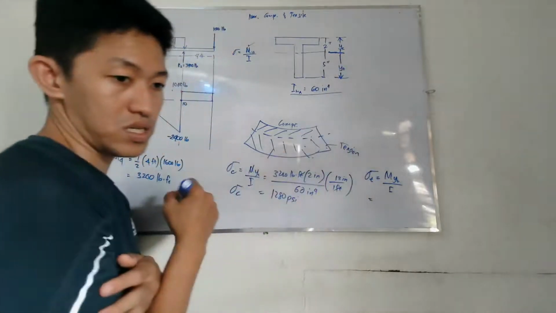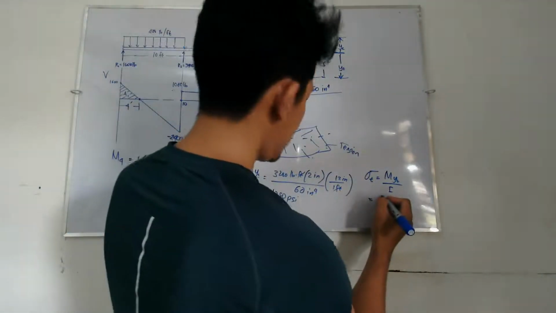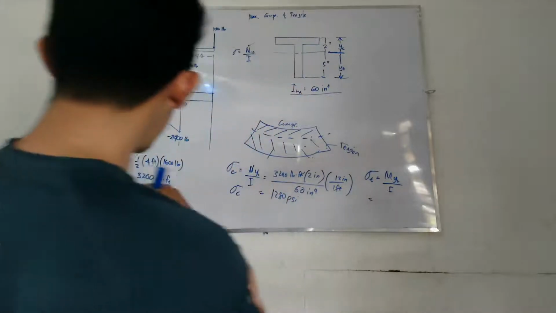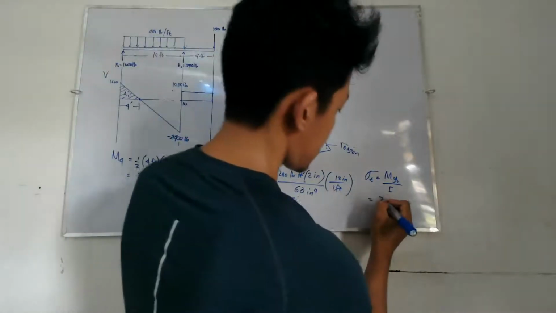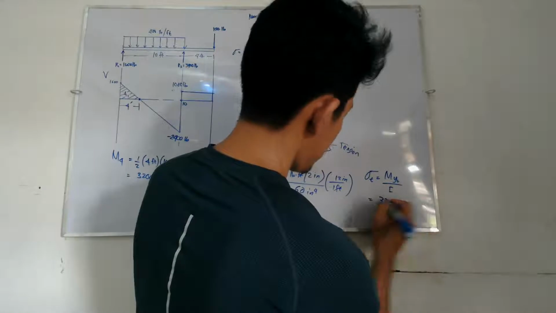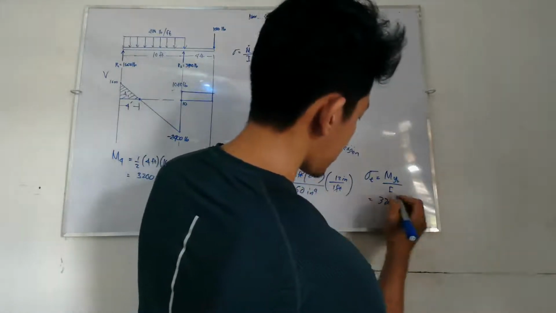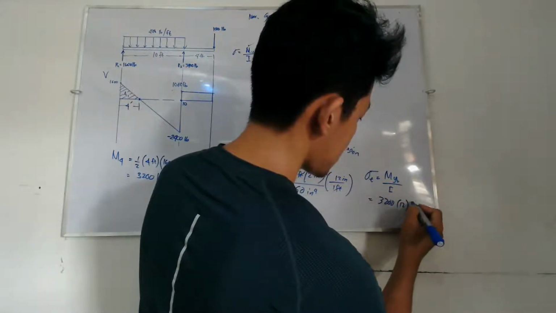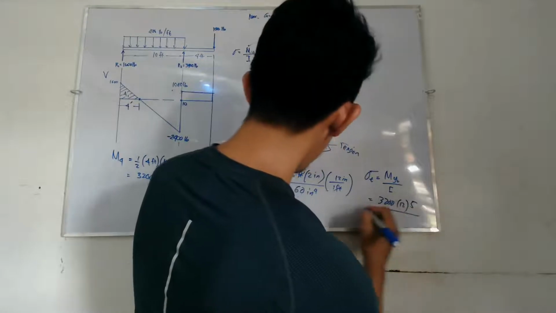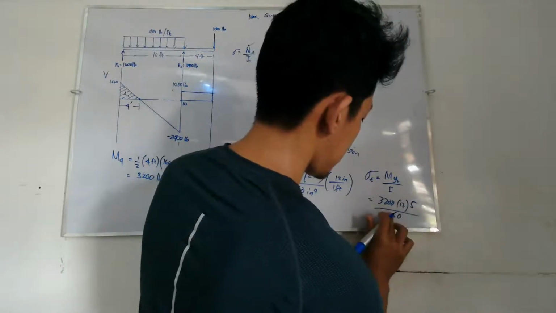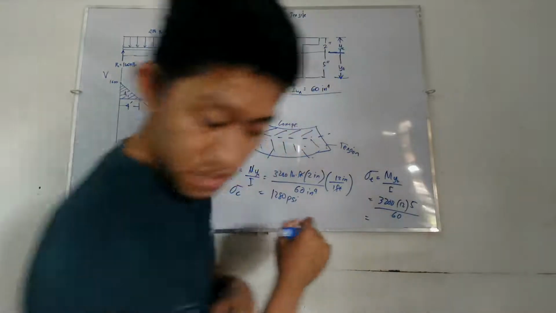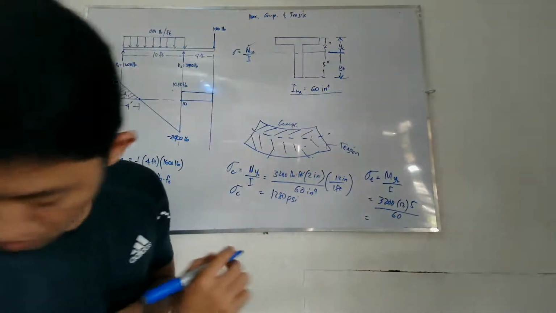So 5 inches. You have moment nga 3,200 again times 12 para ma-convert na inch, times 5 over 60. Answer would be 3,200.